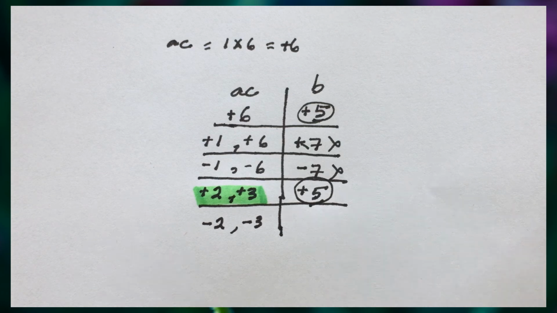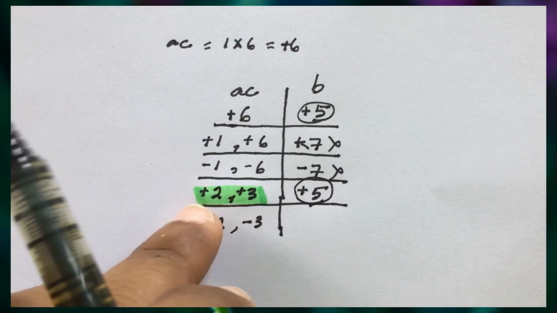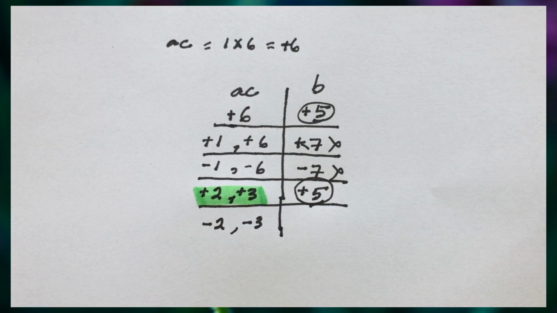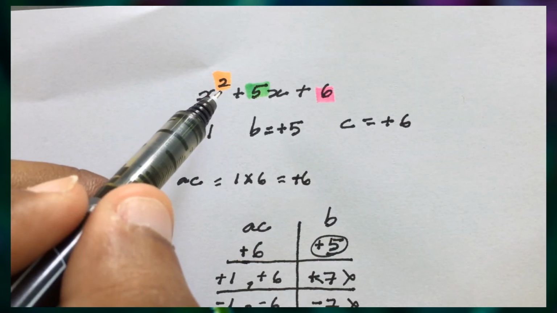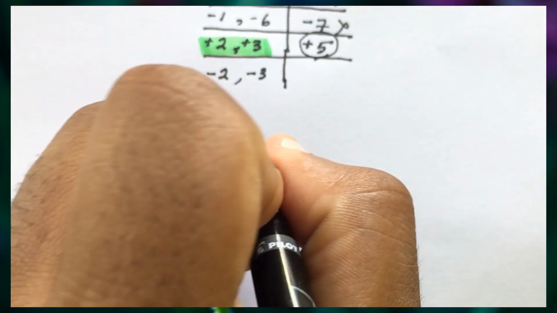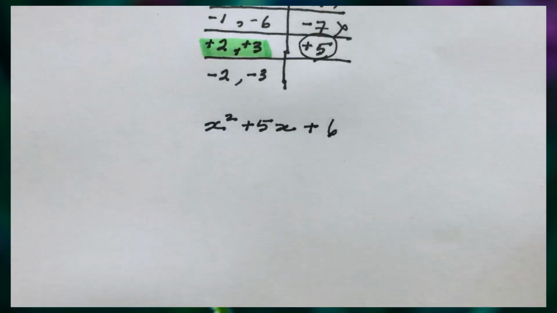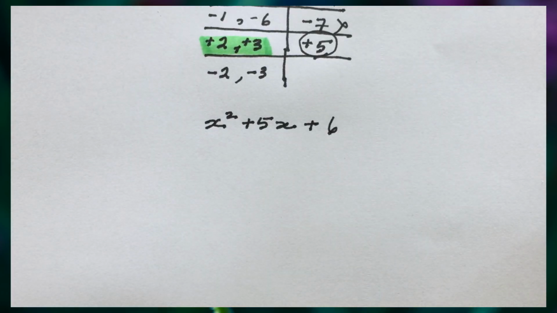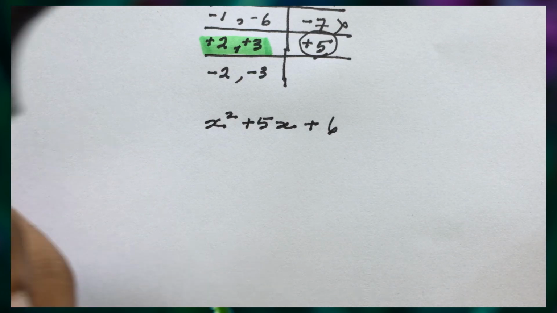Now this is what I'm going to do. I'm going to remove that key, and I'm going to be using this key to open up the quadratic expression. So we had x squared plus 5x plus 6. So I'm going to rewrite it down here. X squared plus 5x plus 6. Good. Now this is what I'm going to take the key and do. You see the b term, this?